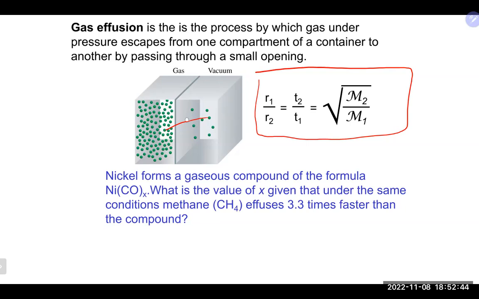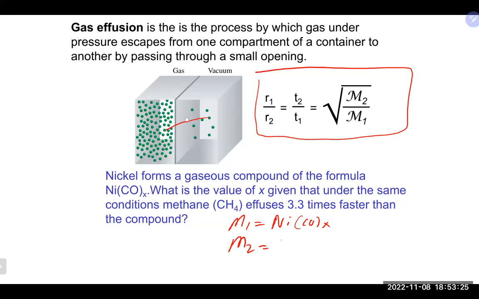Nickel forms a gaseous compound that is Ni(CO)x. What is the value of x if, under the same conditions, CH4 effuses 3.3 times faster than the nickel compound? So we could do a couple of things here. We could call M1 the molar mass of the nickel compound. You could call M2 the molar mass of CH4, which we can calculate. So let's calculate that real quick: 12.01 plus 4 times 1.008.